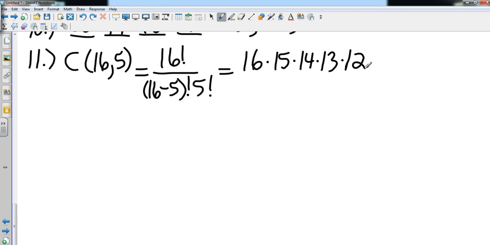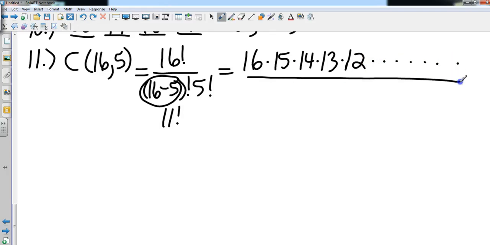Now I'm going to stop there because when I do my 16 minus 5 factorial, that's going to be 11 factorial. So 11 times 10 times 9 times 8, and that's what would have gone right here. But I'm not going to write that because it's going to cancel with this one. And so all I have left on the bottom is 5 times 4 times 3 times 2 times 1, which is this 5 factorial right there.